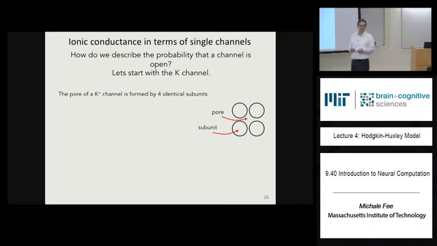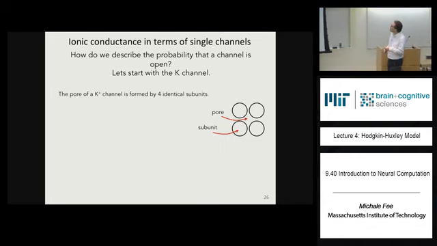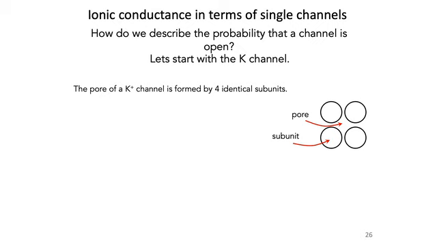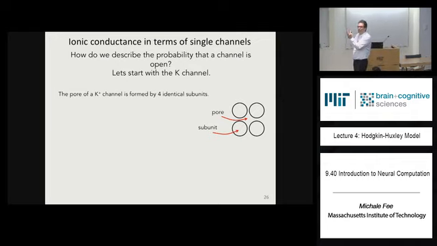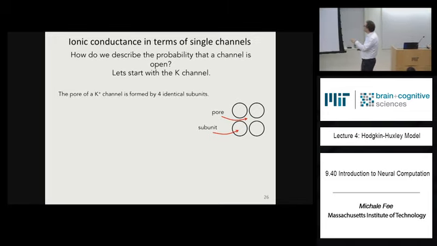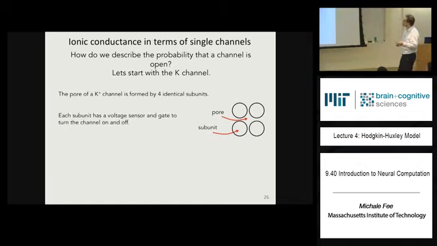Let's dig in a little bit deeper into what the potassium channel looks like. A potassium channel is formed by 4 identical subunits. They're produced separately by ribosomes. They form a homomer, a tetramer, and that tetramer has a hole that runs down the middle of it, which is where the ions flow.